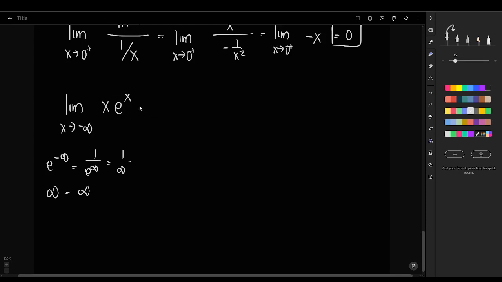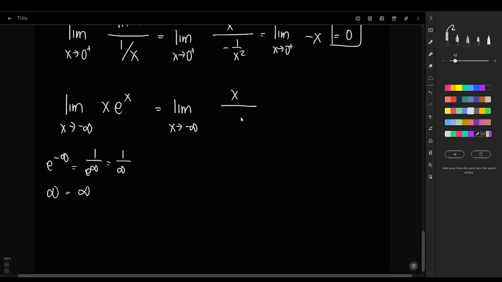What you could do is, like what we did with the previous example, let it be the limit as x approaches negative infinity, and we could use x to the power of 1 all over exponential of negative x. So this is still the same as this one.